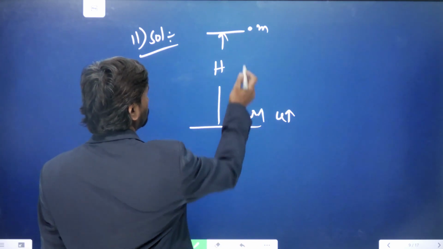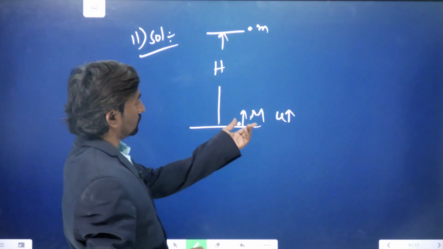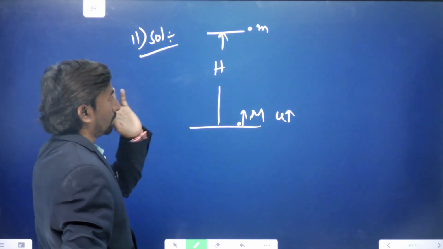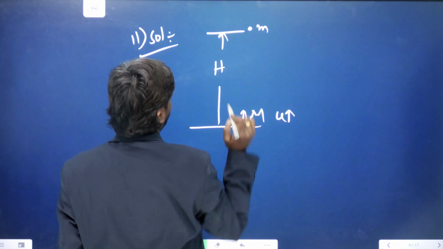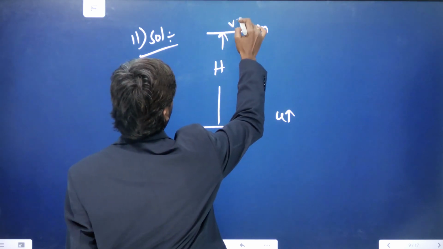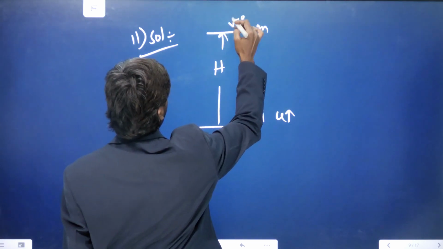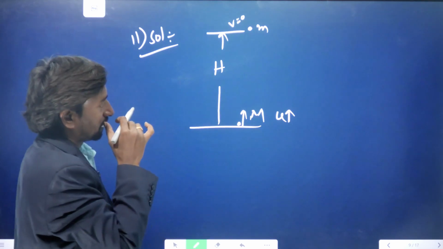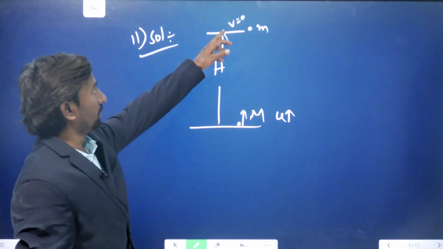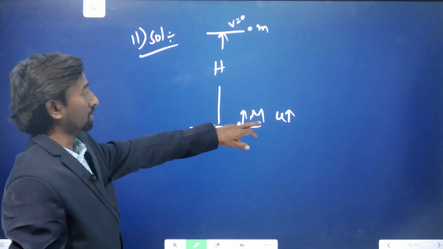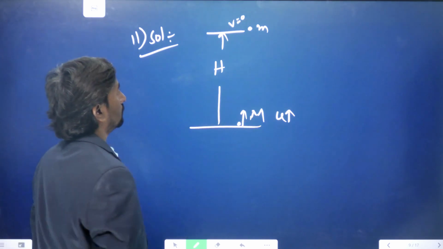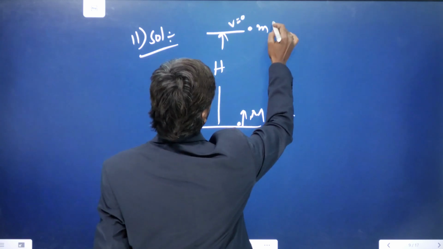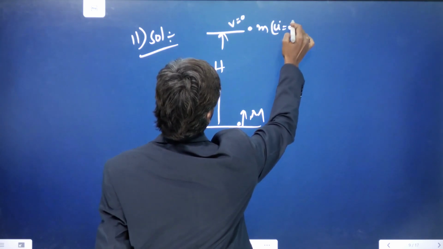Whenever it reaches the maximum height, the final velocity will become 0. Whenever the other one is dropped, its initial velocity will be 0.